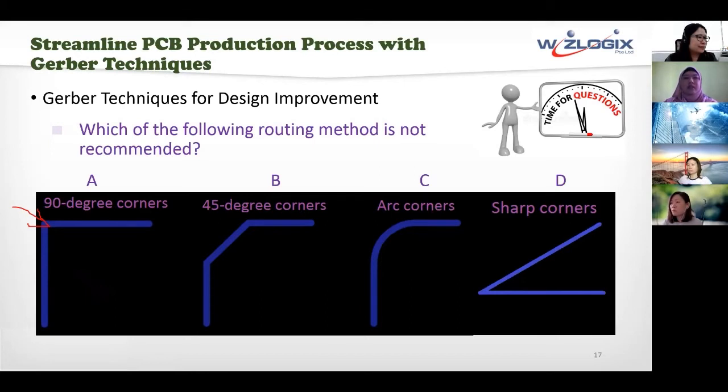That means too much copper removed on this outer edge, which will result in a thinner width than what is required. So you can have the normal trace here, and then you have a very thin trace here, and then back to normal trace here.